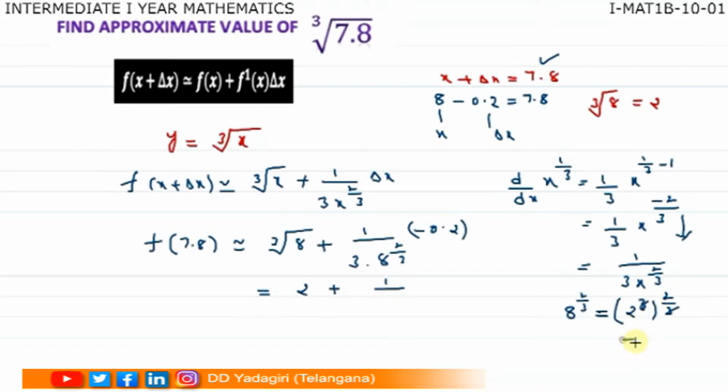You will get 4 here. Now this is 4 into 3 is 12, into minus 0.2. The plus into minus is minus. On simplifying, we get 0.2 by 12, which is 0.1 by 6. So 2 minus this, approximately 0.0166. The final answer will be approximately 1.983.